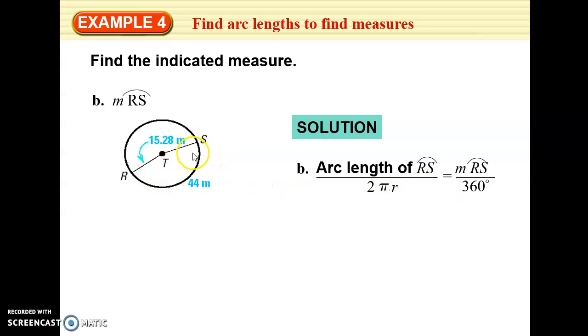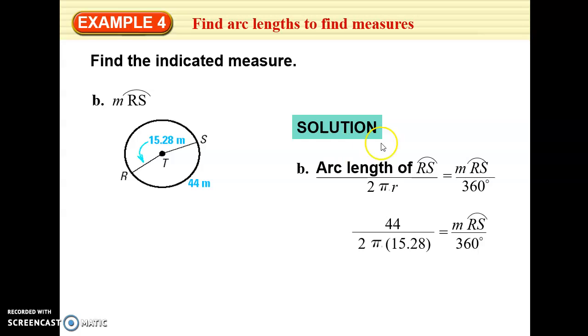Sorry, the RS is this part because we have the arc length in this part, that is 44. This 44 will correspond with this part. The circumference, we have to find it because we have the radius, will be in substitution in this place, 15.28.